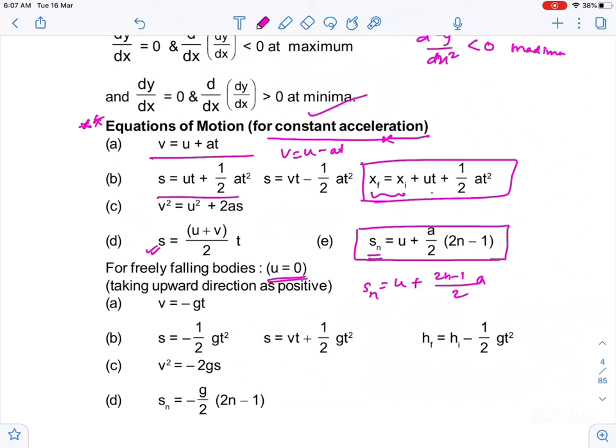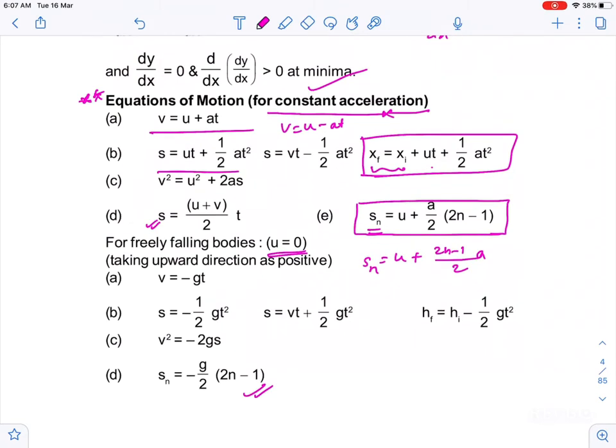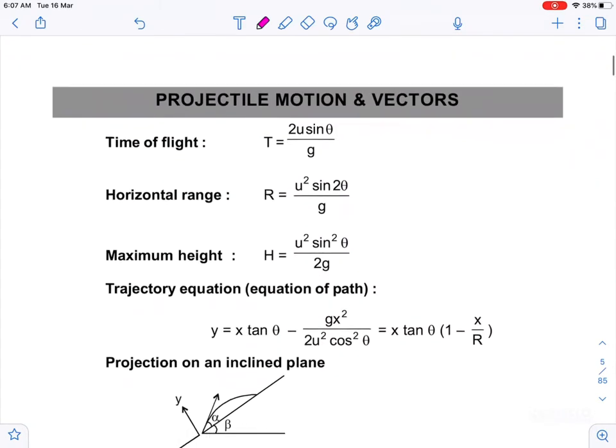If you are considering the freely falling case, v is equal to u plus at, but I have taken u as 0 in case of free fall. So v is equal to minus gt, s is equal to minus half gt square, v square is equal to minus 2gs, and the distance travelled in the nth second becomes like this. This is the same thing; keep all these things in mind.